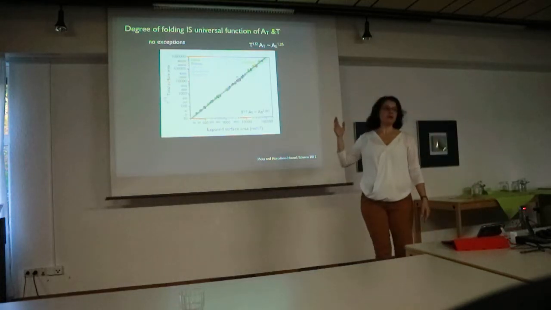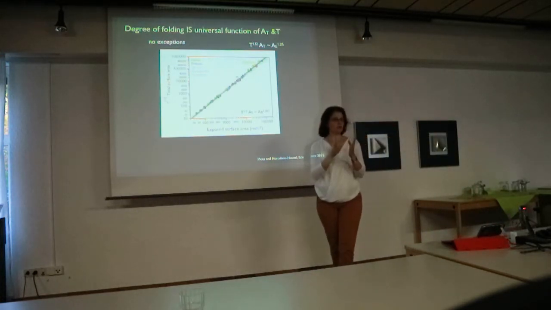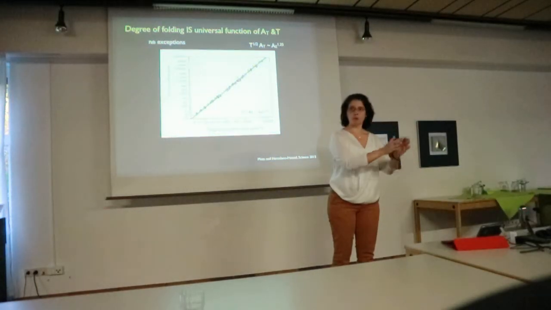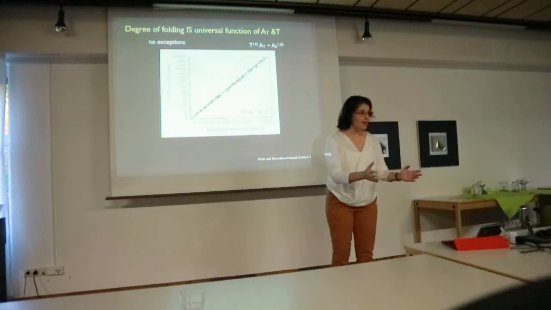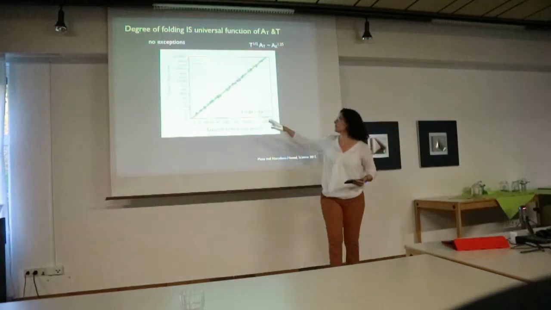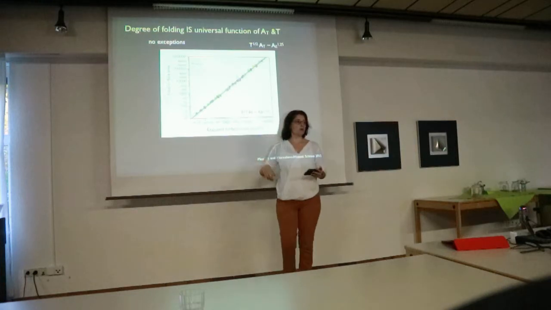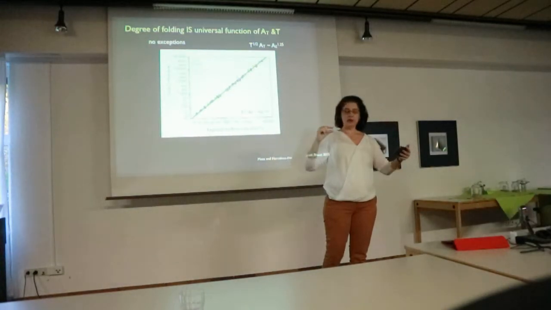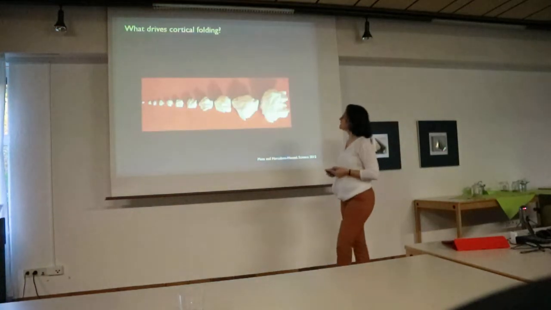So what we have here is one universal relationship that is derived from first principles, from pure physics, that seems to describe 99.8% of the variation in the degree of folding of the cortex, depending essentially on how large the surface area is and how thick that cortex is.